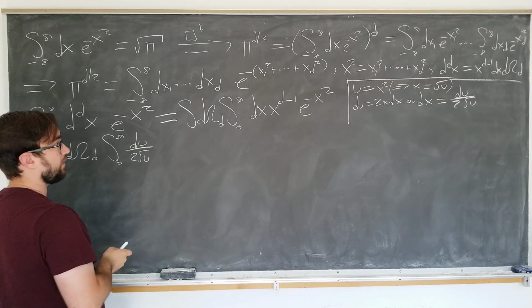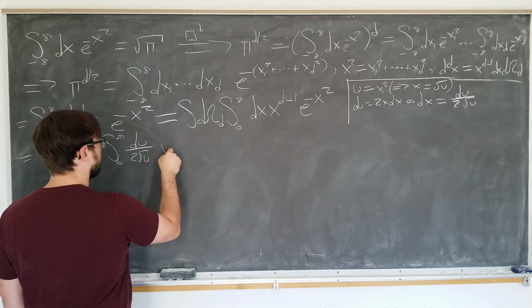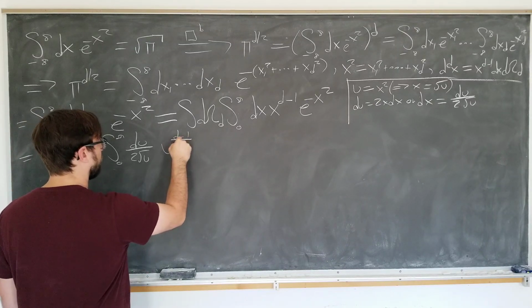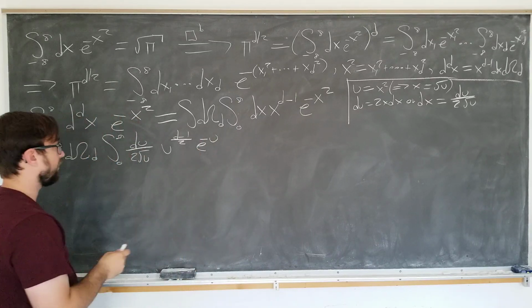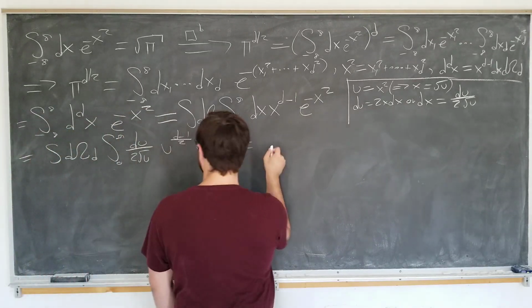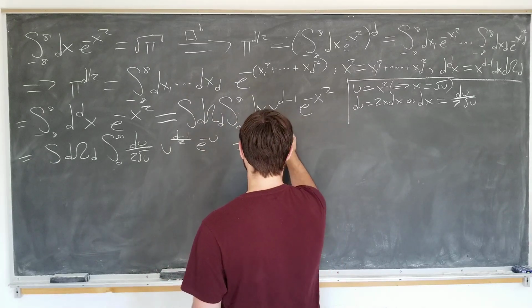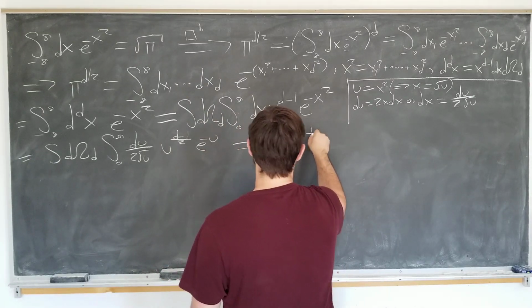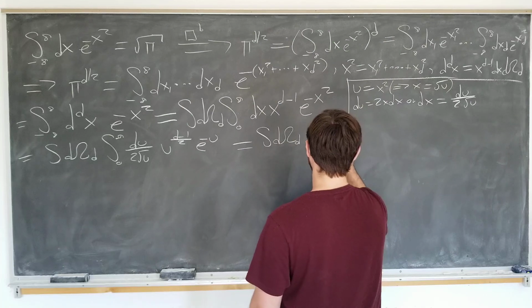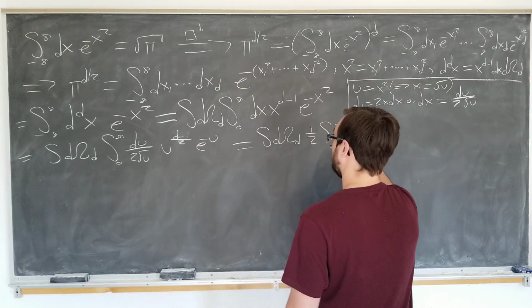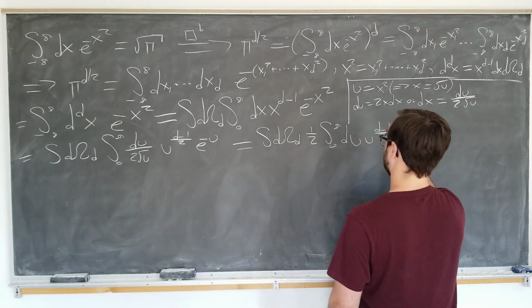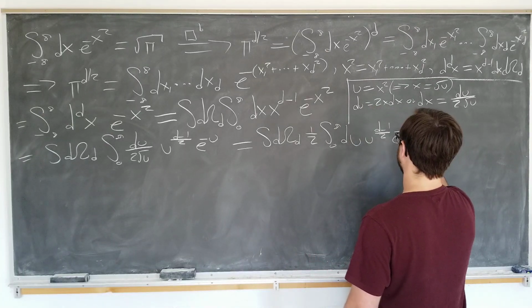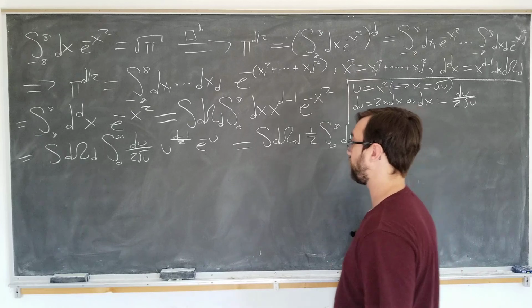Now we're going to have u to the d minus 1 over 2 power, e to the minus u. And we're going to write this one more time as the integral of dΩ_d times 1/2 integral from 0 to infinity du u to the d minus 1 over 2 e to the minus u. We're going to use the gamma function definition here.